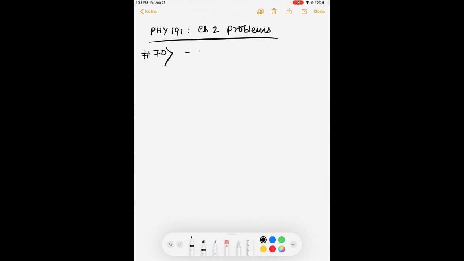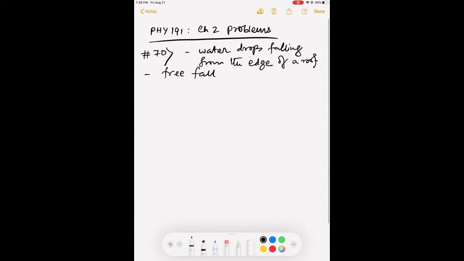Note that this is a problem of water drops falling from the edge of a roof. Second, we are dealing with free fall motion. Every time you encounter free fall, you will have to think about a_y equals minus 9.8 meters per second squared.